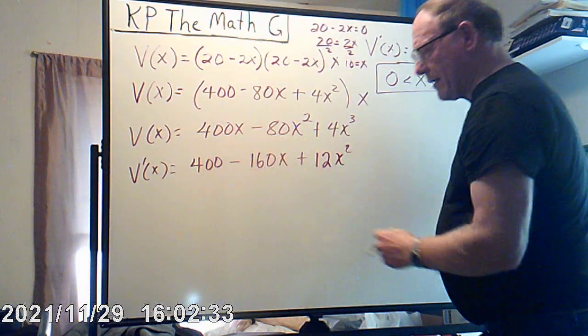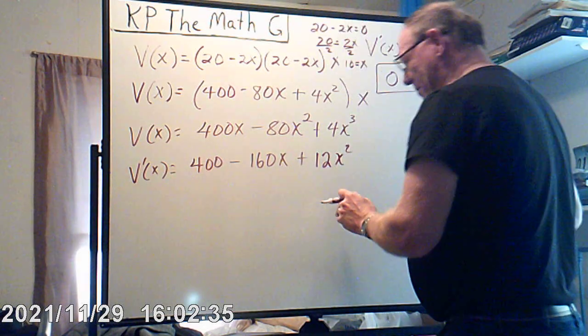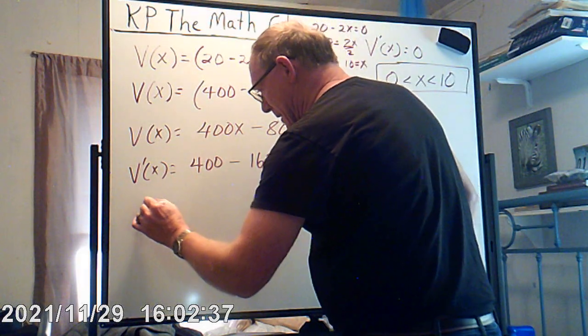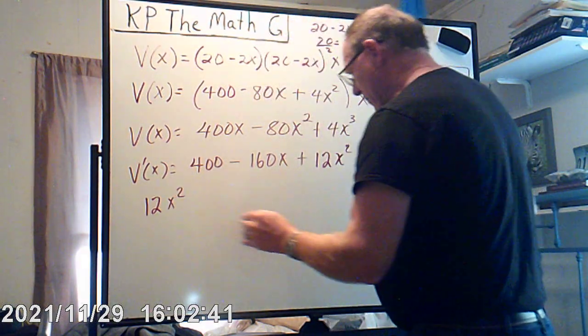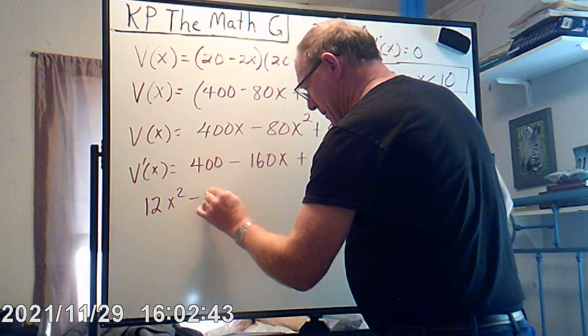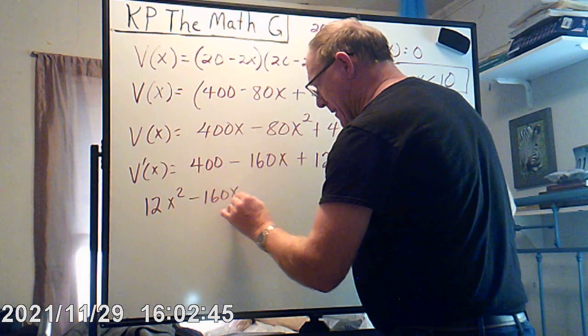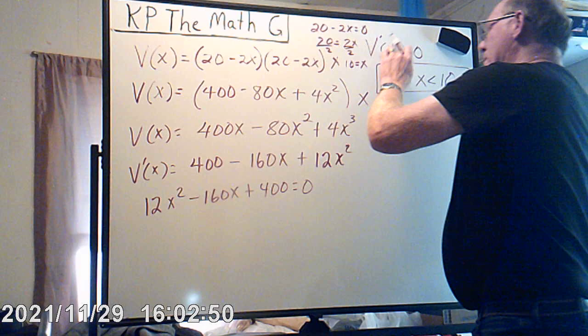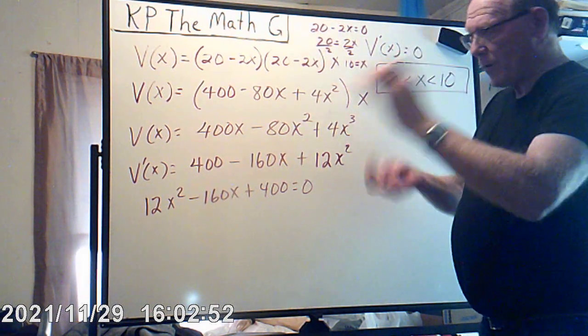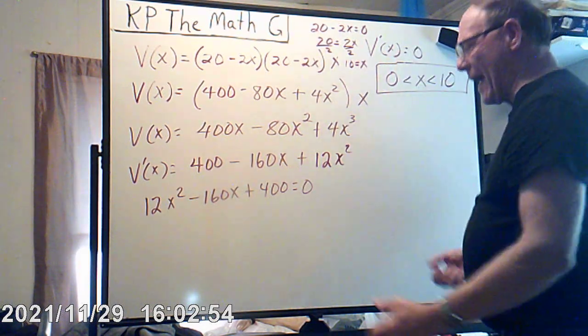Let's rewrite it and set it equal to 0. So this is now 12x squared minus 160x plus 400. Now we're saying v prime is equal to 0 because that's where I'm looking for that maximum.